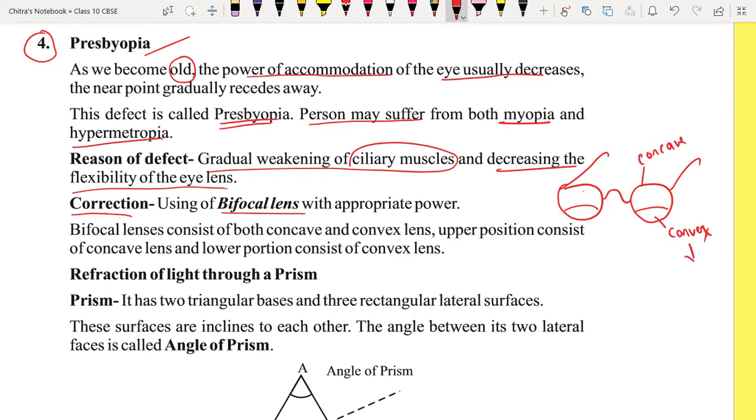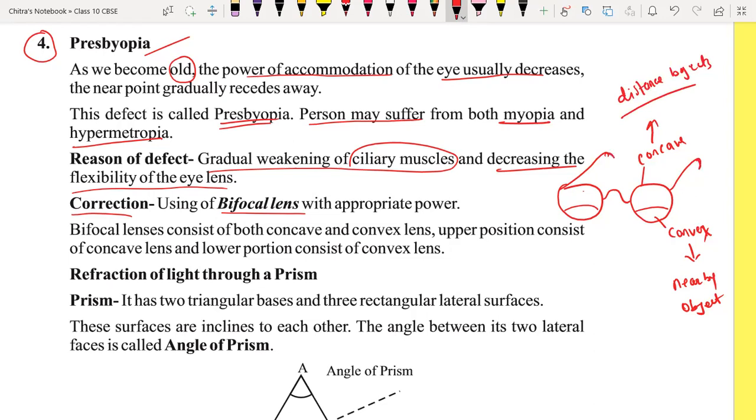By using the convex part we can see nearby objects clearly, and by using the concave part we can see far distance objects. Okay, everyone?